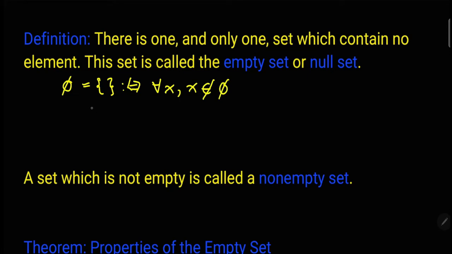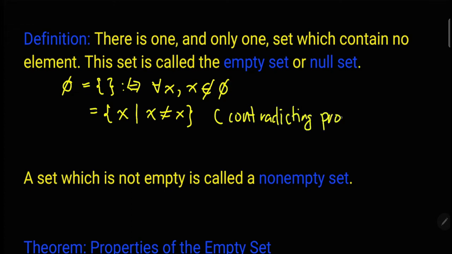This is a very useful definition of the empty set in terms of proving, which we will later use. It contains all objects X such that X is not equal to X. So that means you have a contradictory property. Later, we will often use this when we want to say that some set is empty.